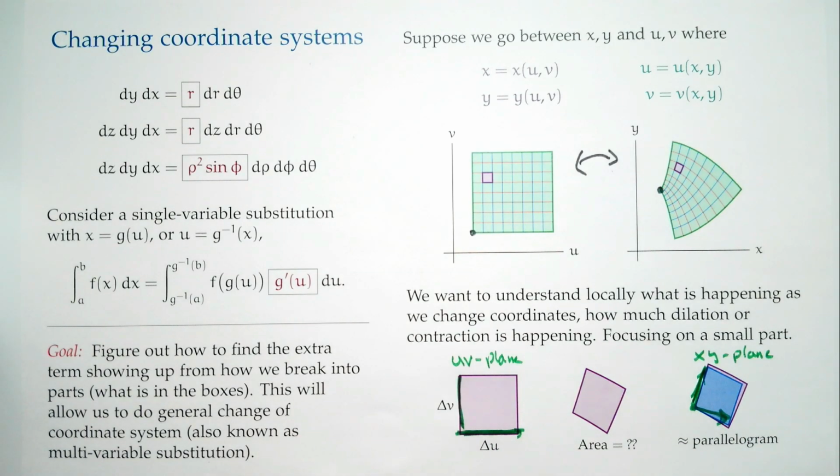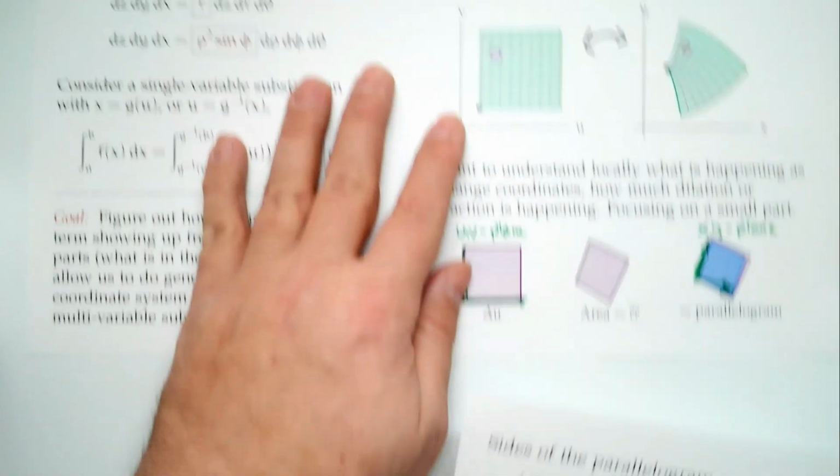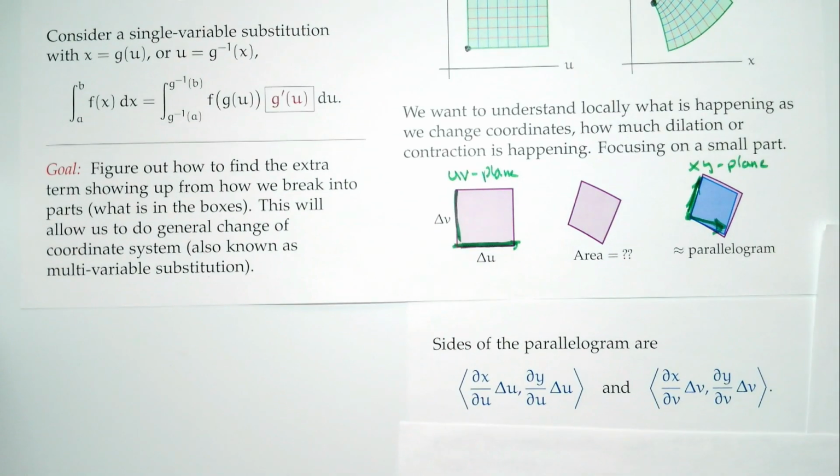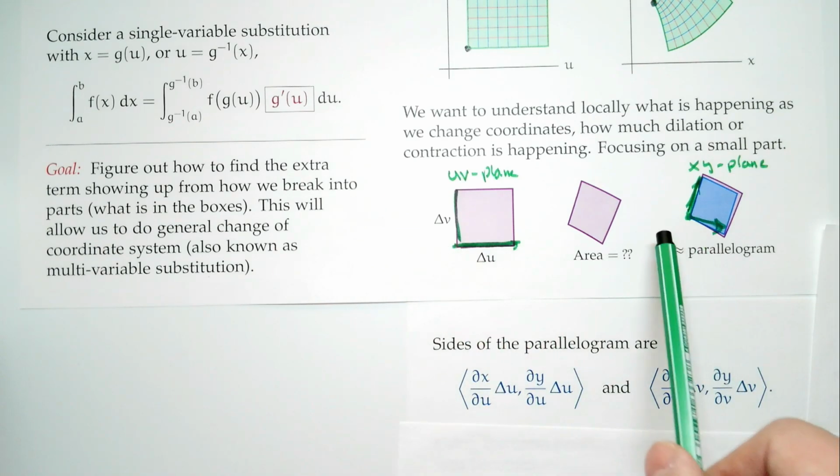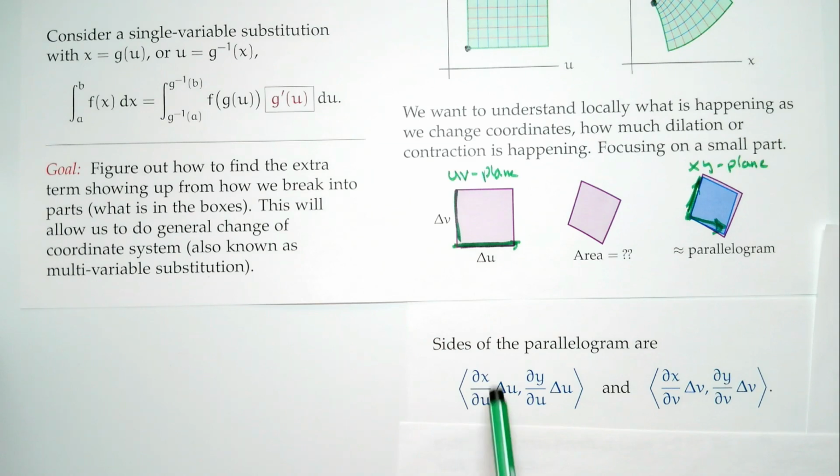So the answer is the following. The sides of the parallelogram: this side right here, which came from understanding what's happening to this change in U, is approximately partial x, partial u, delta u, partial y, partial u, delta u.